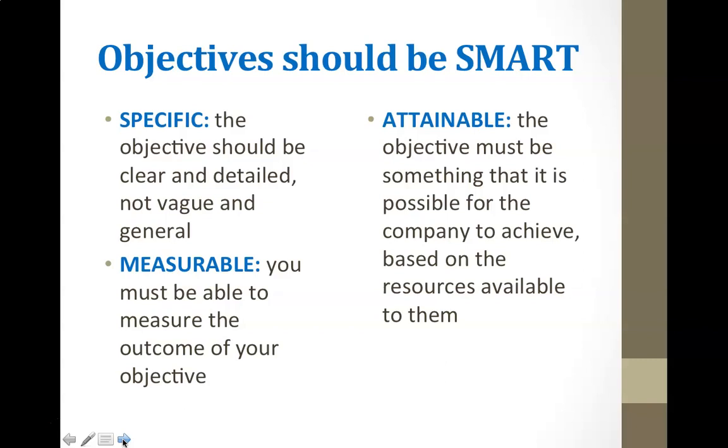Whereas for a new restaurant, what might be more attainable is taking out an ad on Instagram where I target maybe 2,000 people, because I have the resources to do that. It might only cost 20 BD or less, depends, but you have the resources to do that, whereas you might not have the resources to take out an ad on a TV channel where it costs you 5 or 10,000. So your goals should always be attainable.